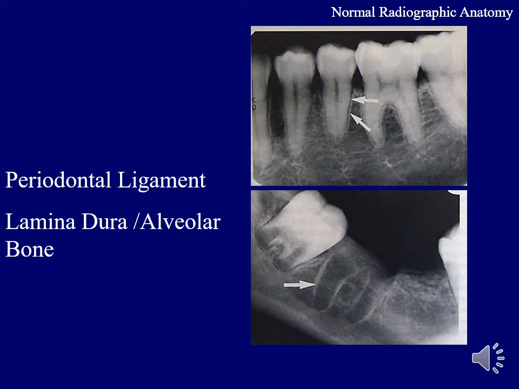We see a radiolucent structure between the tooth and the lamina dura. We call it the periodontal ligament space. The periodontal ligament space is primarily made up of collagen. It's a soft tissue. That's the reason why it appears radiolucent. The width of the periodontal ligament space varies from location to location on a root surface.